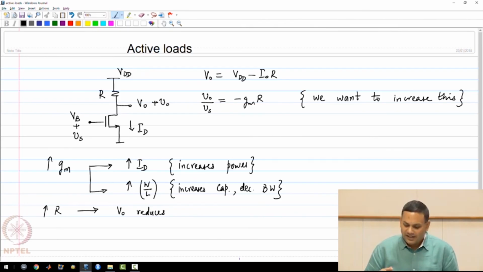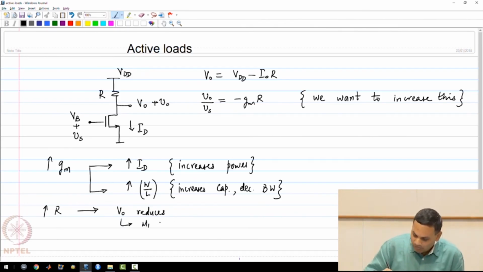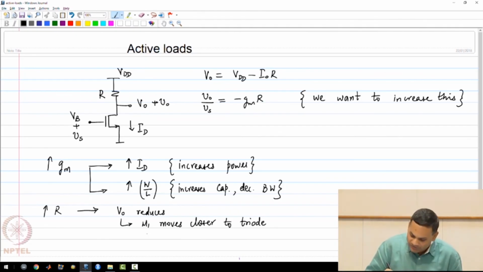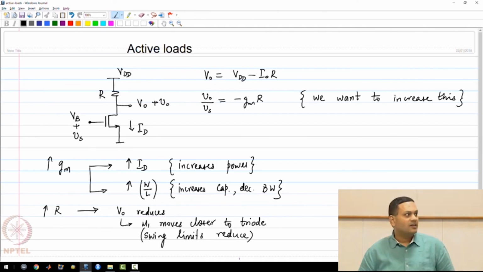In other words, the actual implication of this is that M1 moves closer to the triode region, to the triode boundary, and therefore what I'm actually giving up is swing limit. And this is also a problem.